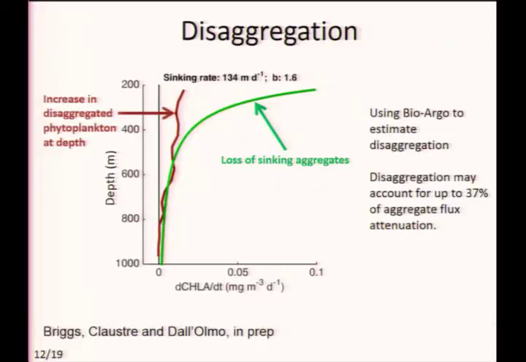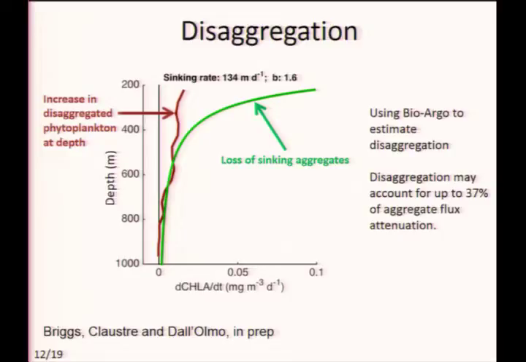So one of the most interesting pieces of work I've seen come out recently is one that allows us to get out of the experimental setup and start to look at how disaggregation happens, and the rate at which it happens, in the real ocean. This is some work by Nathan Briggs and co-workers, using BioArgo floats and the sensors on them.